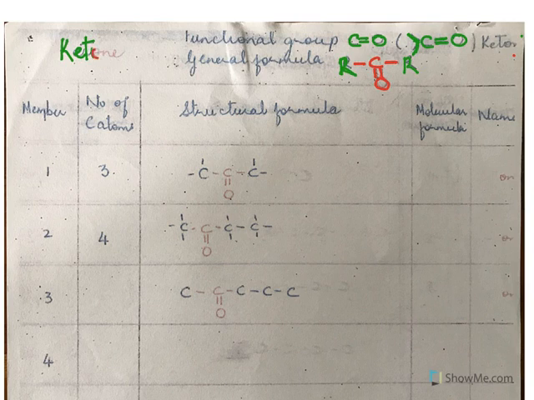All the ketones end with O-N-E. Now the first member of ketone will have 3 carbons. And why will it have 3 carbons? Most of the other groups had a first member with 1 carbon, but the first ketone will have 3 carbons. Because if you notice here, this is C, the functional group, and it has these 2 arms still available.